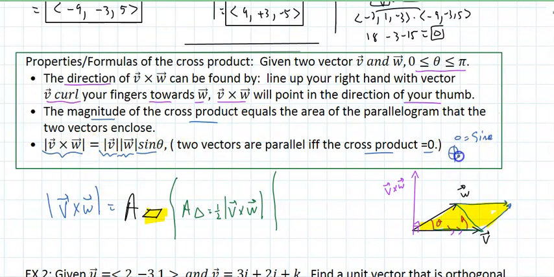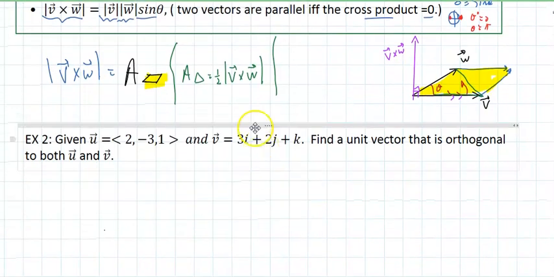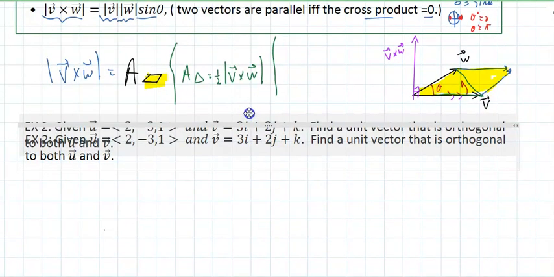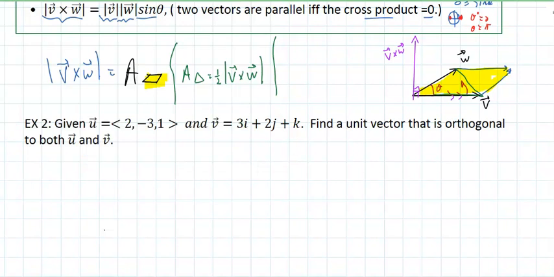That means the angle is 0 degrees or pi, so the two vectors either line up or point in opposite directions, which is parallel as well. So now that we know this, let's get a few things out of the way.